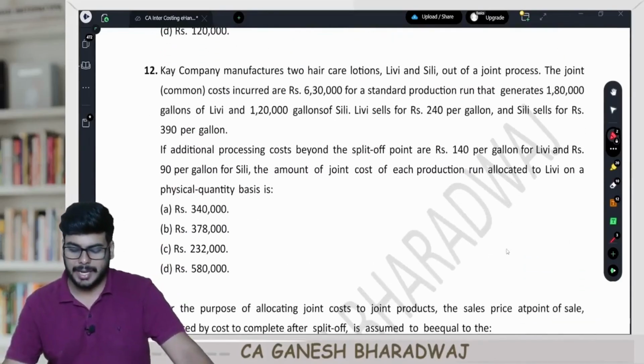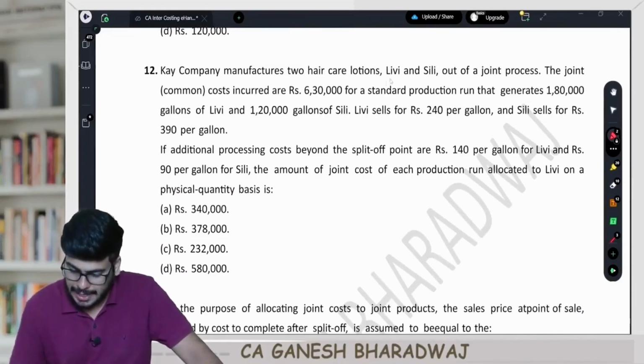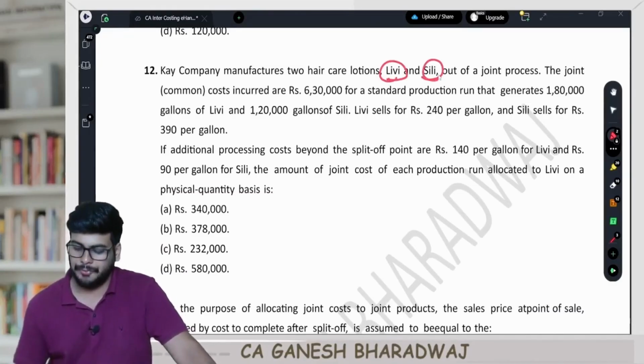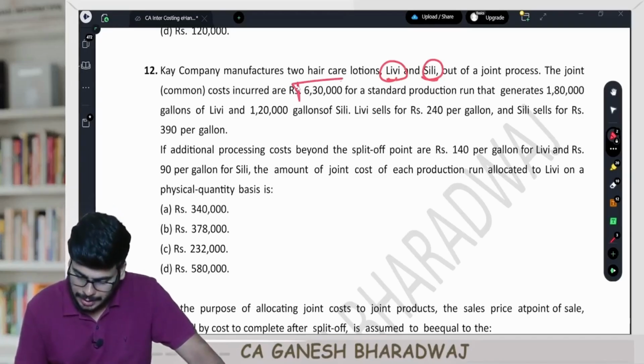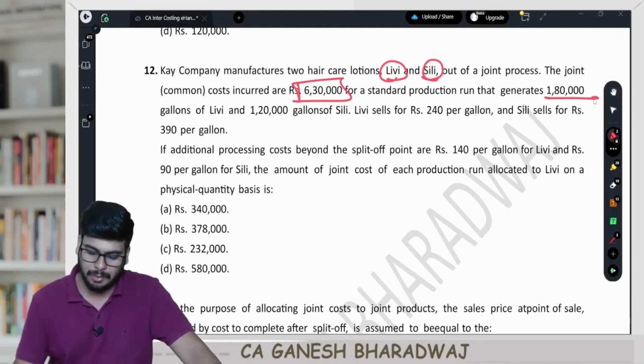Next. K company manufactures two hair care lotions, Levi and Silly, out of a joint process. The joint costs incurred are 6,30,000 for the standard production run that generates 1,80,000 gallons of Levi and 1,20,000 gallons of Silly.